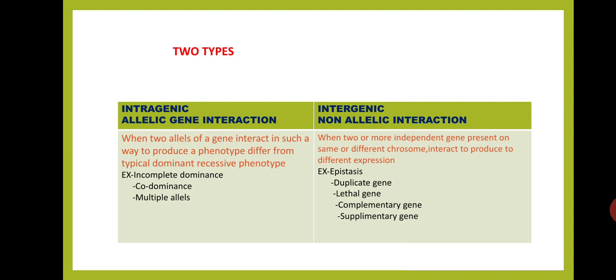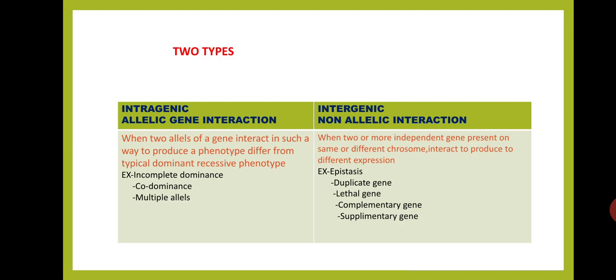Then the first, intragenic or allelic gene interaction, is when two alleles of a gene interact in such a way to produce a phenotype that differs from the typical dominant recessive phenotype. Examples of intragenic: incomplete dominance, codominance, and multiple alleles.